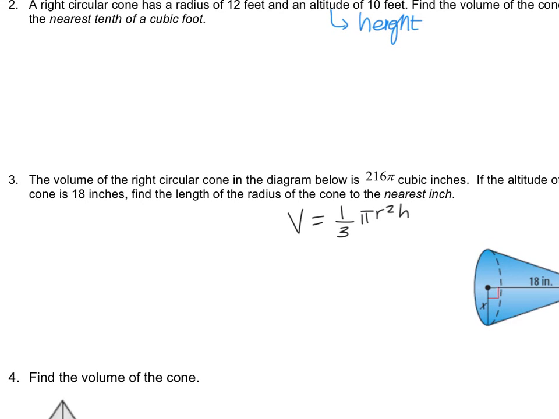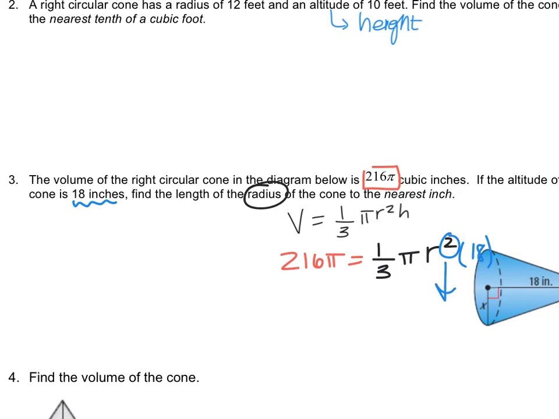Your volume is 216 pi. That's equal to 1/3 pi. You are solving for r, and you know your height is 18. Play around with that. Note, to get rid of this square, you will have to take the square root eventually.